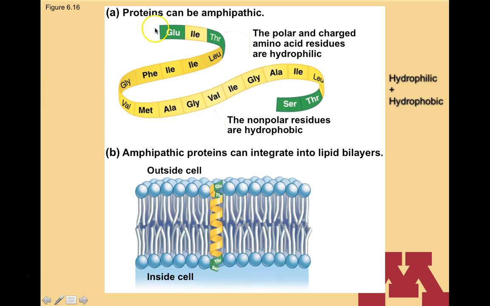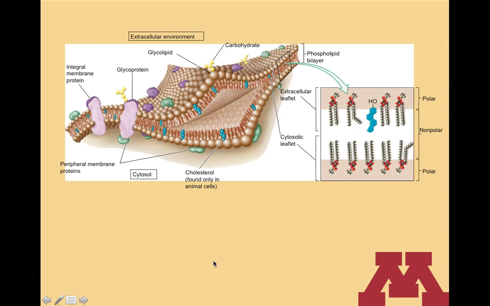So in this amino acid chain, the green part is hydrophilic and the yellow part is hydrophobic. And in this graph, it is embedded by the two layers of phospholipid, right? And also, there is a special integral protein called transmembrane protein.